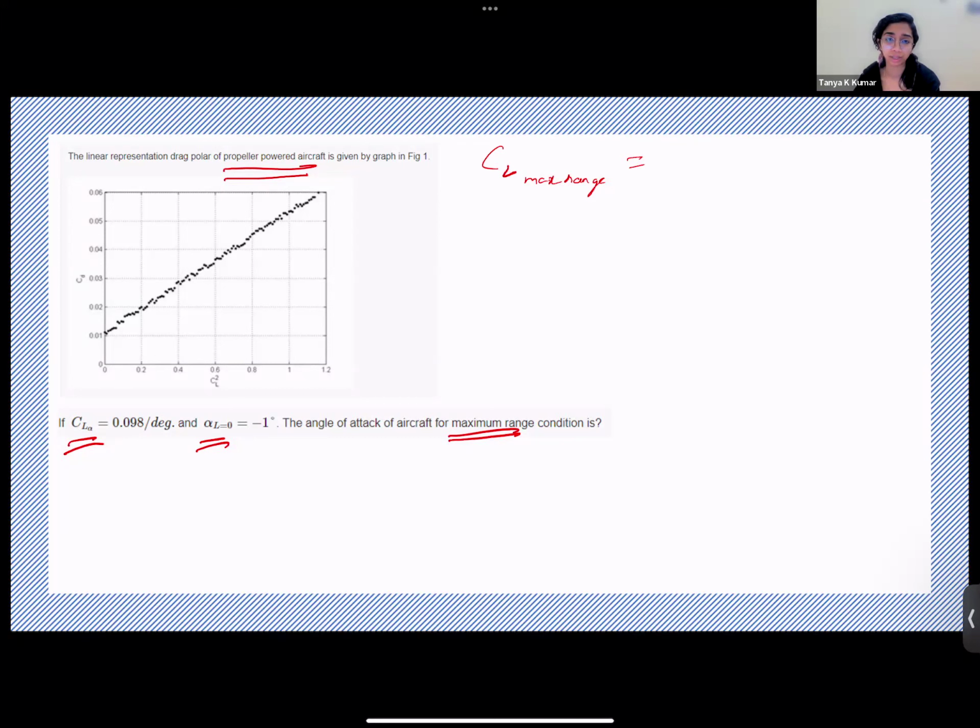What was the CL equation for max range for propeller driven aircraft? CL is under root CD naught by K, right? Yeah. Okay, so now we have the value of CD naught.